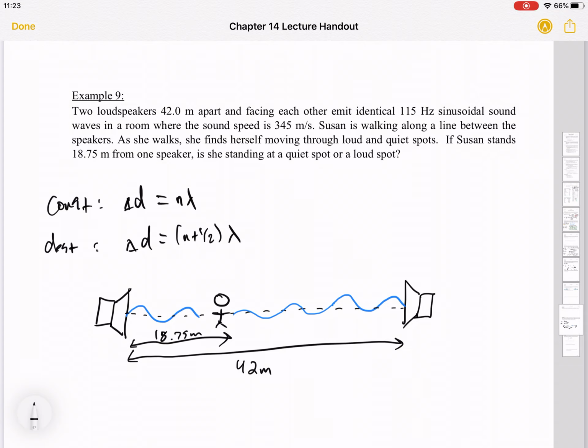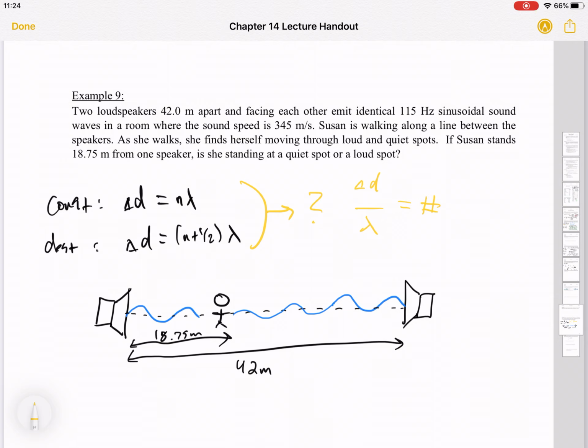Okay, so what do we need to do to figure this out? How do we know if it's constructive or destructive? Well, we're going to test. We're going to say, does it fall into one of these? Because I can figure out delta D, and I can figure out lambda. And if I take the ratio of those, that's going to be a number. And if it's an integer, this is constructive. If it's an integer plus a half, like 1.5, 2.5, 3.5, then it's destructive.